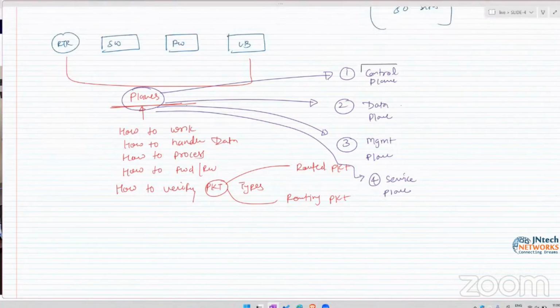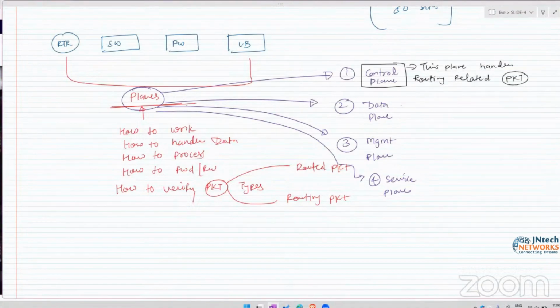Now, what happens in the control plane? Basically, the control plane handles routing-related packets, or you can say all types of updates.